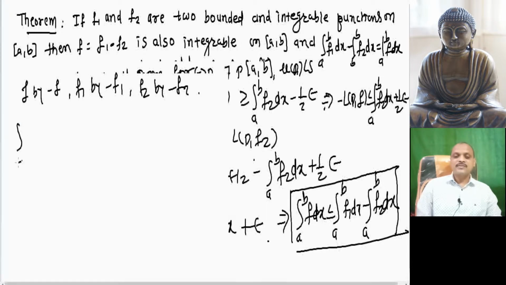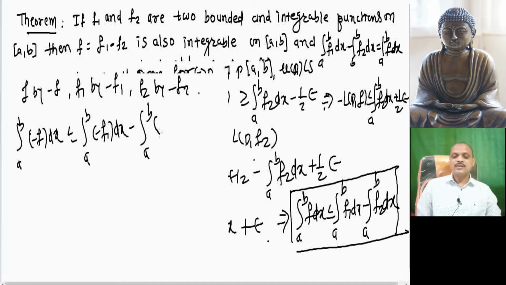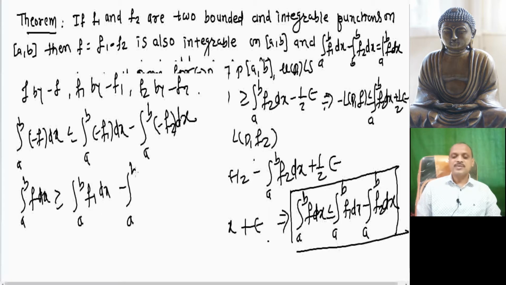So the integration from a to b of minus f dx is less than or equal to the integration from a to b of minus f1 dx minus the integration from a to b of minus f2 dx. Again multiplying throughout by a minus sign, we get the integration from a to b of f dx is greater than or equal to the integration from a to b of f1 dx minus the integration from a to b of f2 dx. So this is equation number 2 and this is 1.